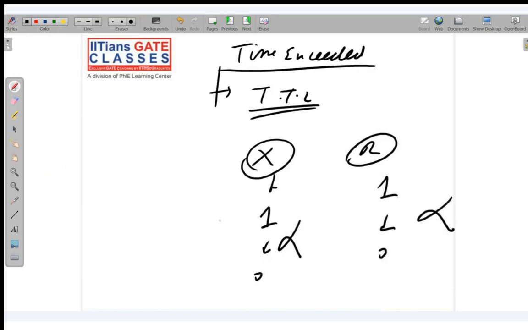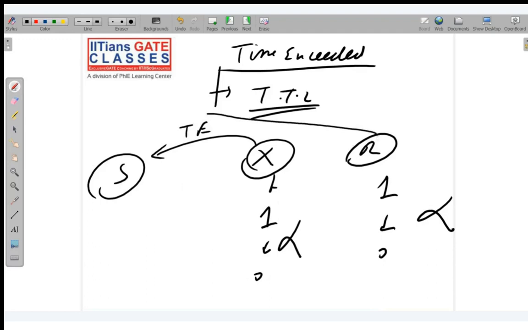Please watch the previous lecture if you have any doubt; I have properly cleared the TTL field. If the router has done 1 to 0, it will drop the packet and send a time exceeded message to the sender. And if the receiver has done it, it will also send a time exceeded message to the sender. Okay, this is all about time exceeded. If you have any doubt, you can ask me. Otherwise, I will jump to the next slide.